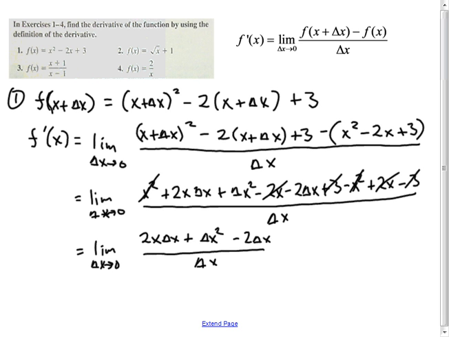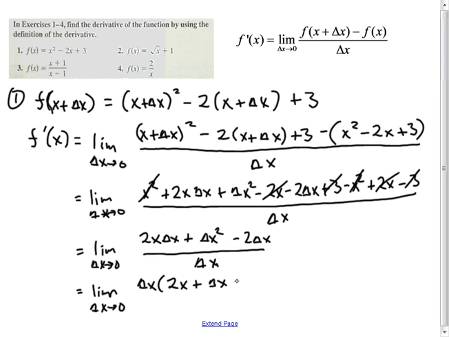Now we still have the same problem we had before, which is if we plug delta x as 0 in, I end up with 0 over 0. But in the numerator, since every term has a delta x, we can factor it out. So I get the limit as delta x goes to 0 of delta x times, when I factor out delta x from the first term, all that's left is 2x. From the second term, we're left with a delta x.